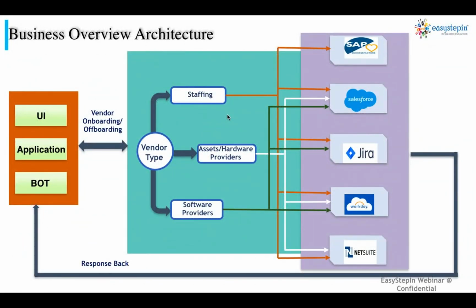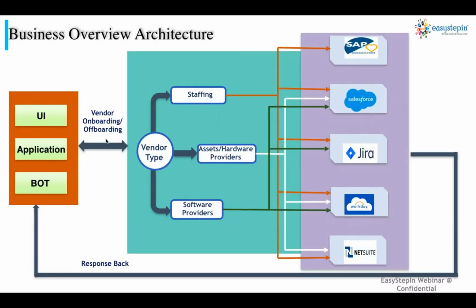So as already said, we have different functionalities in this project. So we have different flows for different functionalities, like say one for vendor onboard, offboard, one for invoices, one for purchase orders, etc. So this is the architecture diagram for vendor onboard, offboard.